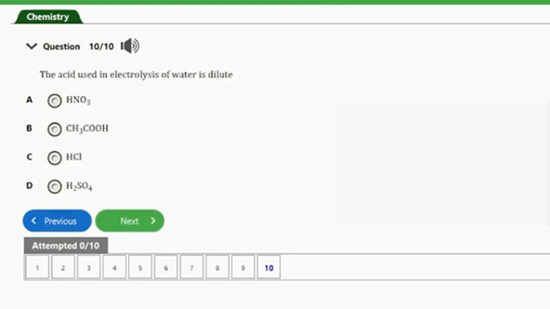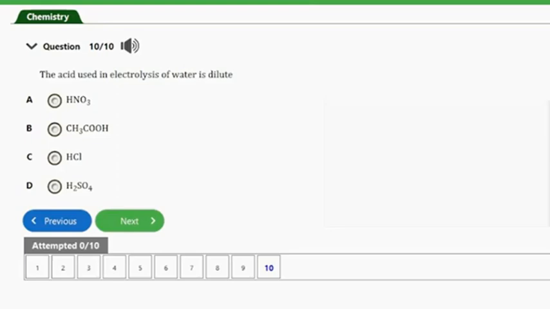So lastly, guys, let's consider the next question here, question number 10. And it says, the acid used in electrolysis of water is dilute A, nitric acid, B, ethanoic acid, C, hydrochloric acid, D, sulfuric acid. So guys, the answer to this question is option D here, and that's the dilute sulfuric acid.